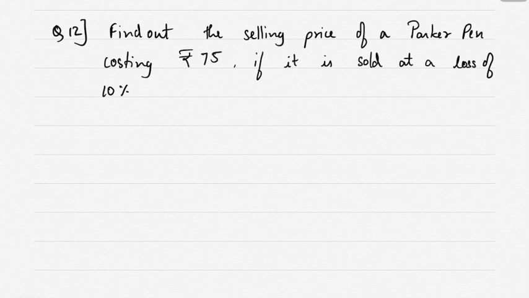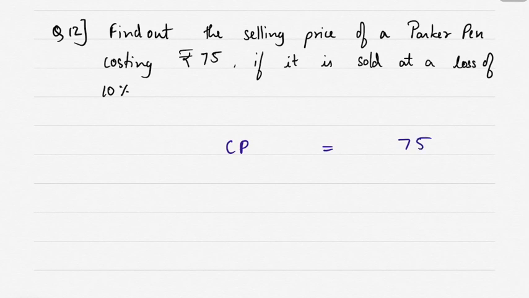Find out the selling price of a Parker pen costing rupees 75 if it is sold at a loss of 10%. Okay. So what is the selling price if there is a loss of 10% and cost price is 75? Okay. Cost price is given.